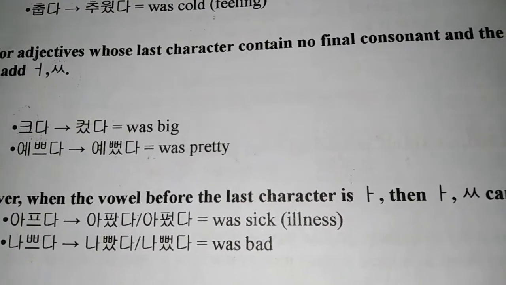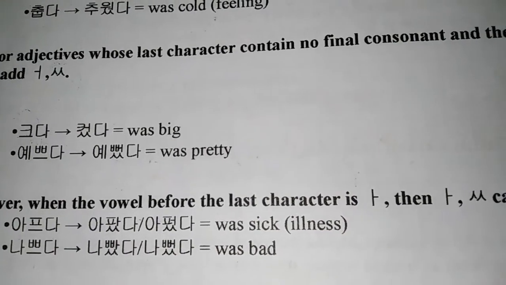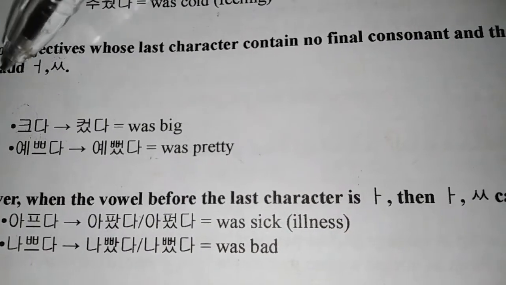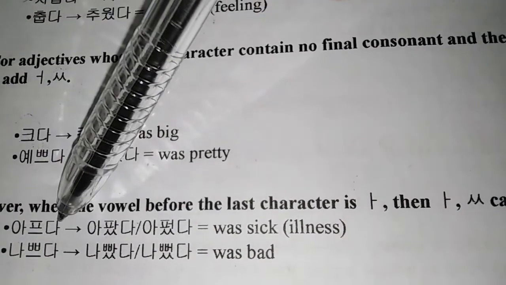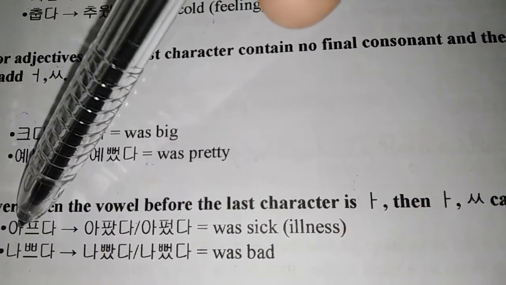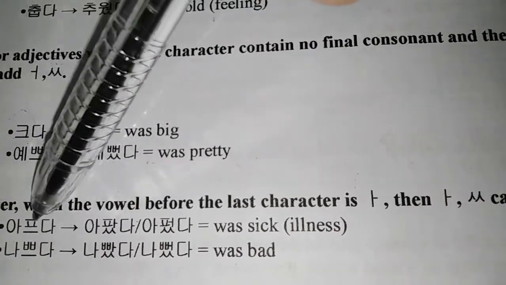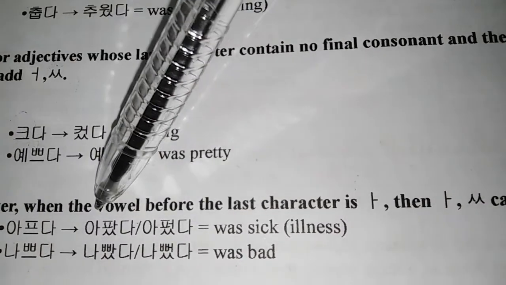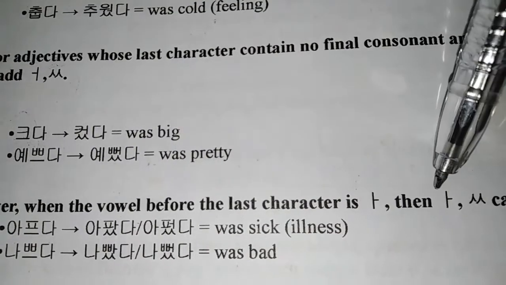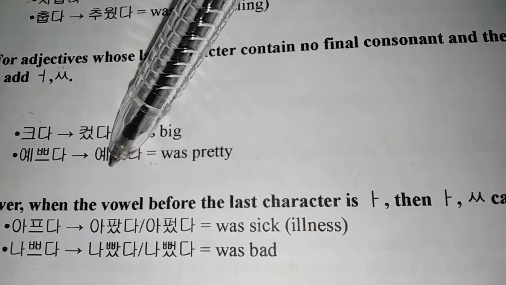I understand because it was confusing for me too. But for 아프다, you have ㅏ as the vowel in the syllable before the last one, so you can say 아팠다, or 아펐다 according to the other rule.